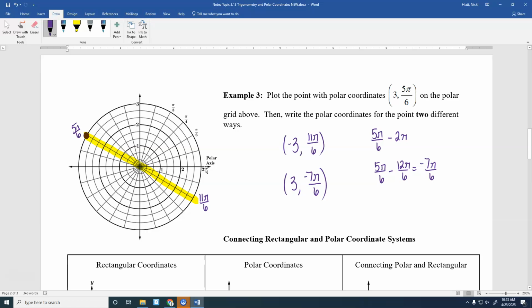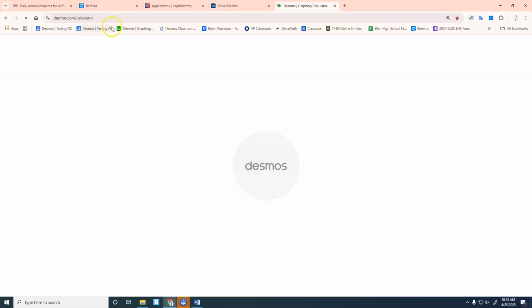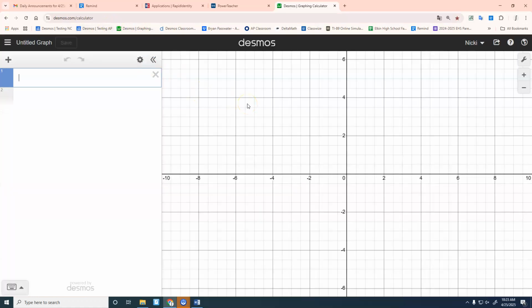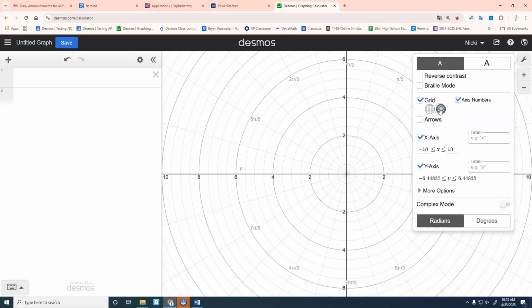But instead of drawing rectangular lines, we're drawing all these circles out instead. In fact, if you look at Desmos, you guys probably did this in Math 3 to help you cheat on your unit circle stuff a little bit. If you hit the wrench over here, you can change Desmos to a polar graph.